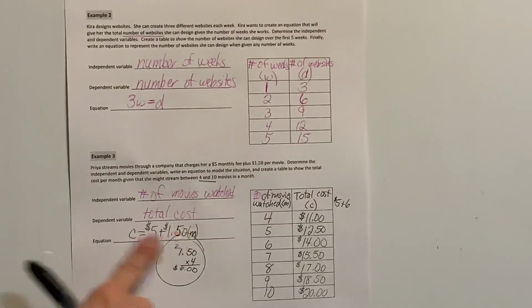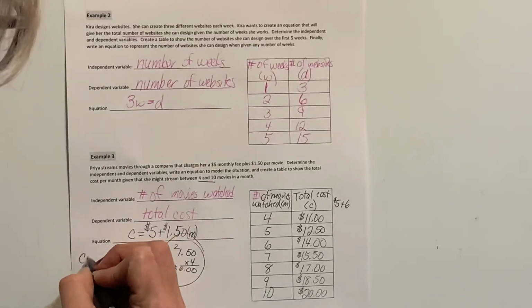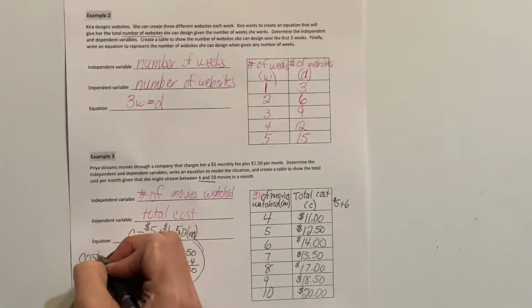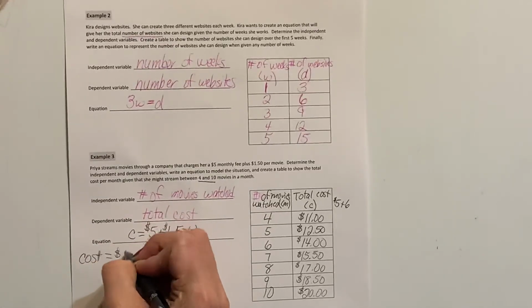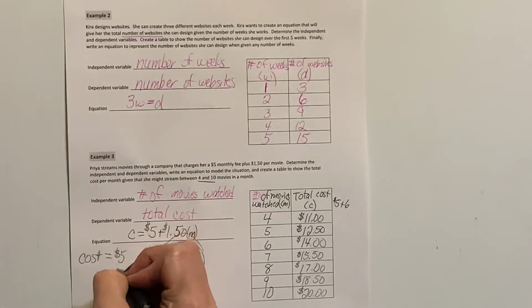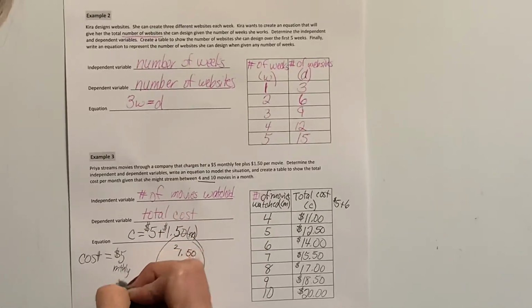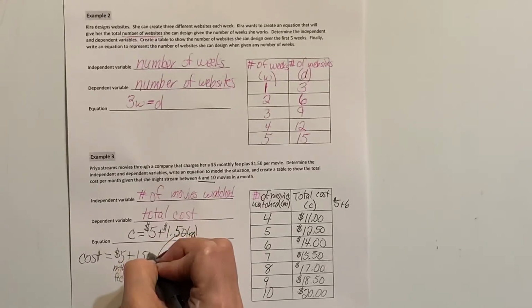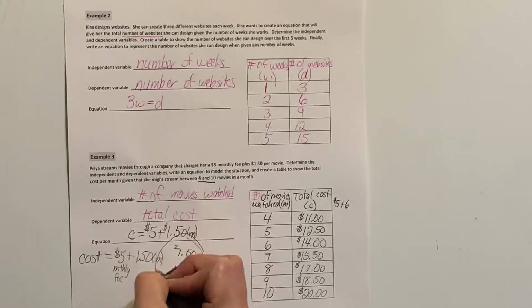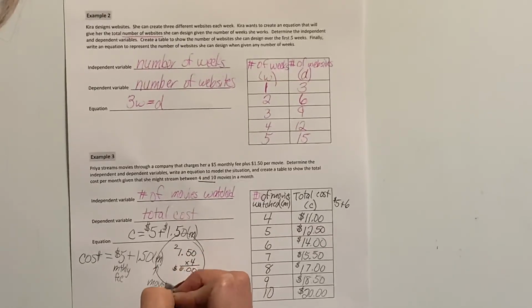So if I were to write this out, I'll go ahead and write this out. It would be the cost of the movies equals the $5, and that would be the monthly fee, plus the $1.50 per movie. And the M stands for movie.